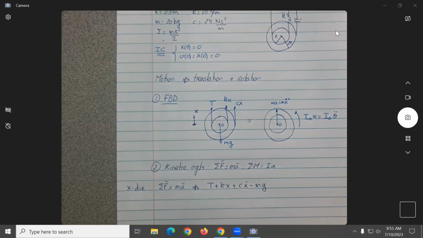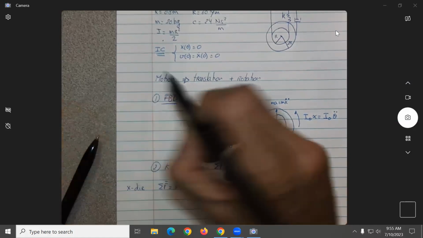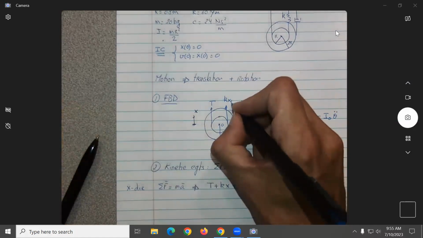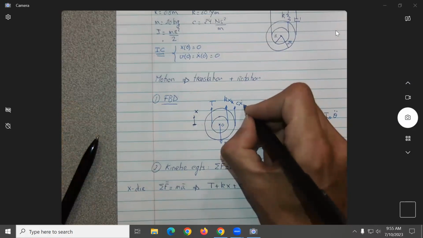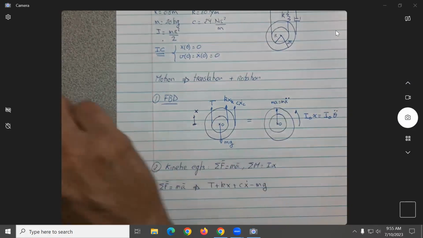Oh, we need to be careful with something. Hold on one second. Yeah, we have to be careful here. Okay, can we call this one x sub k and this one x sub c dot?